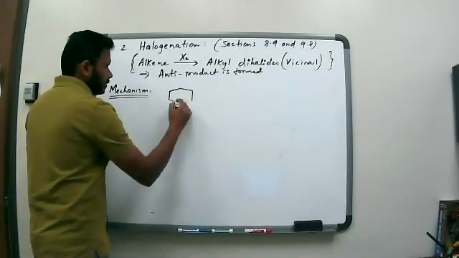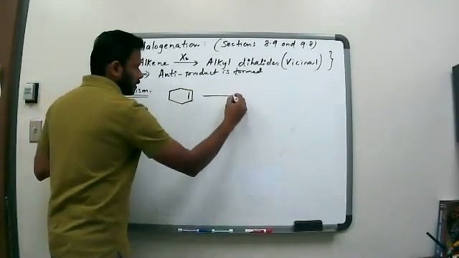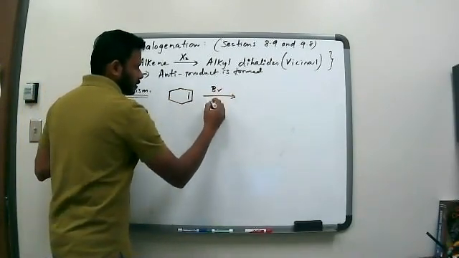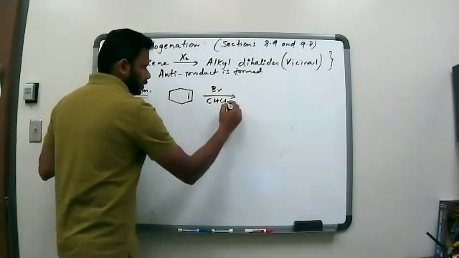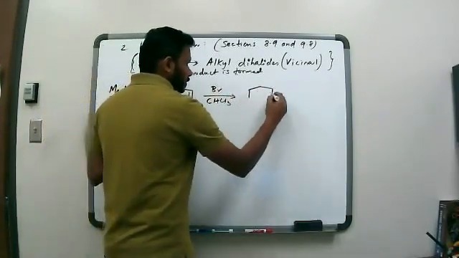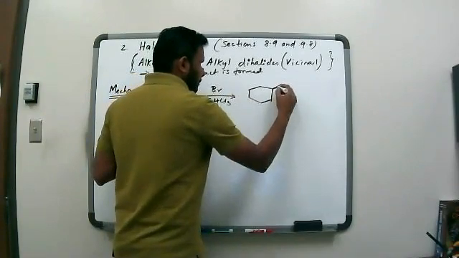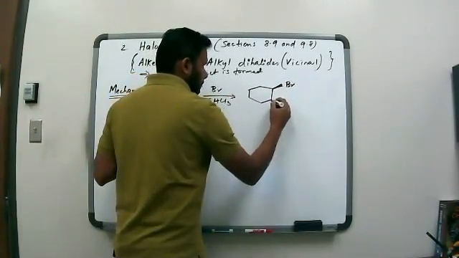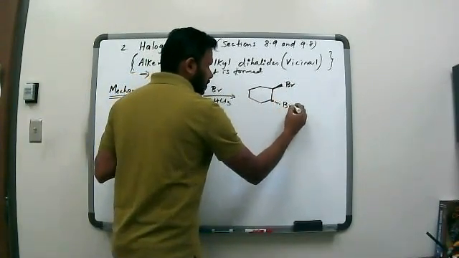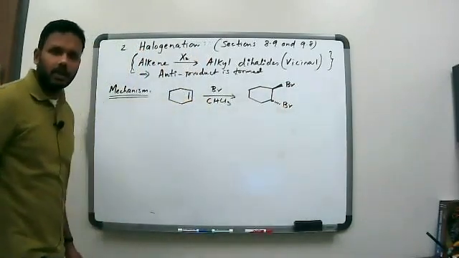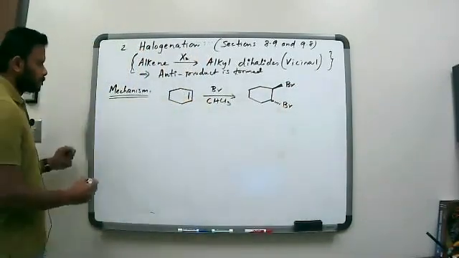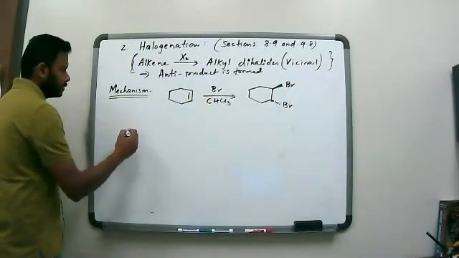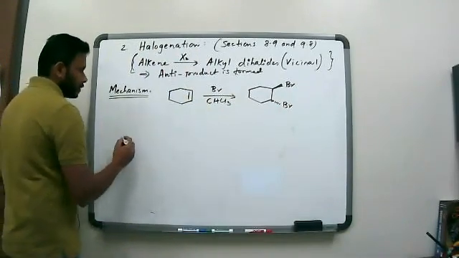The reaction we're working on is cyclohexene reacting with bromine in chloroform as a solvent to give this anti-dibromo product.